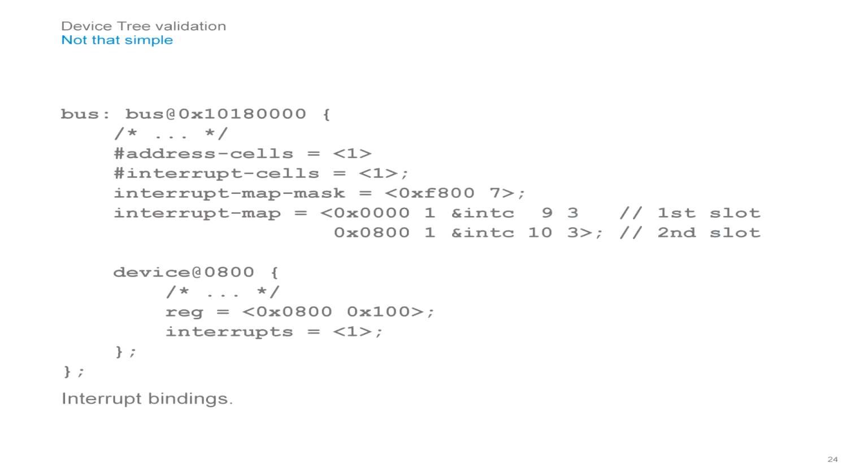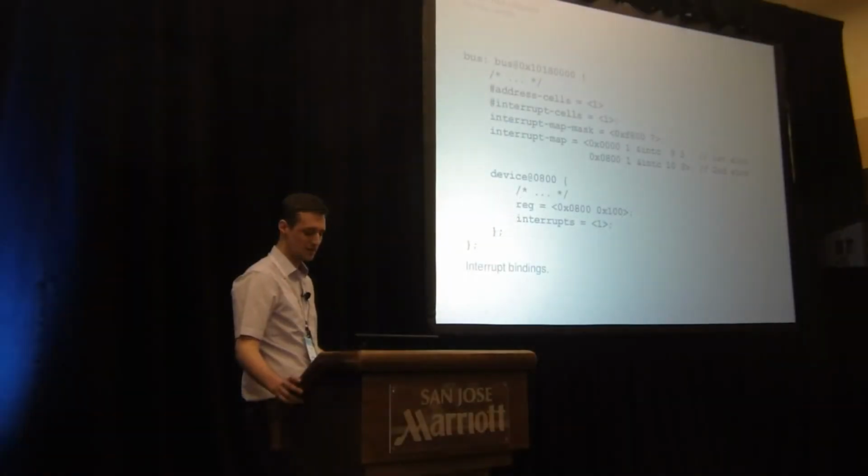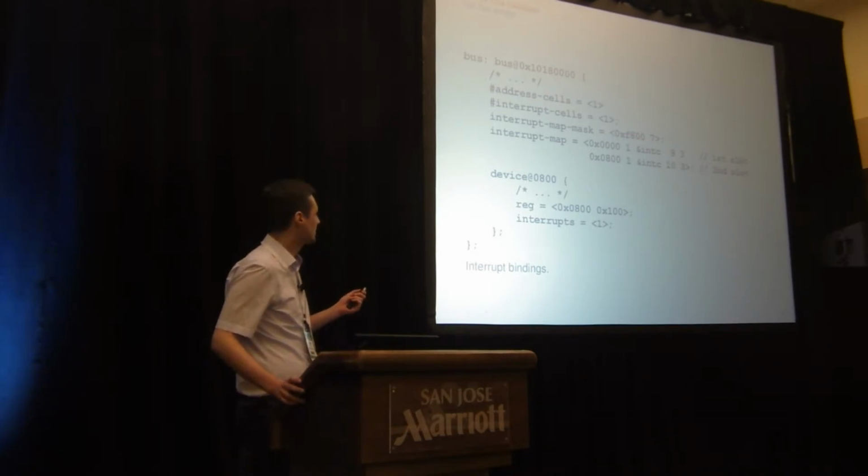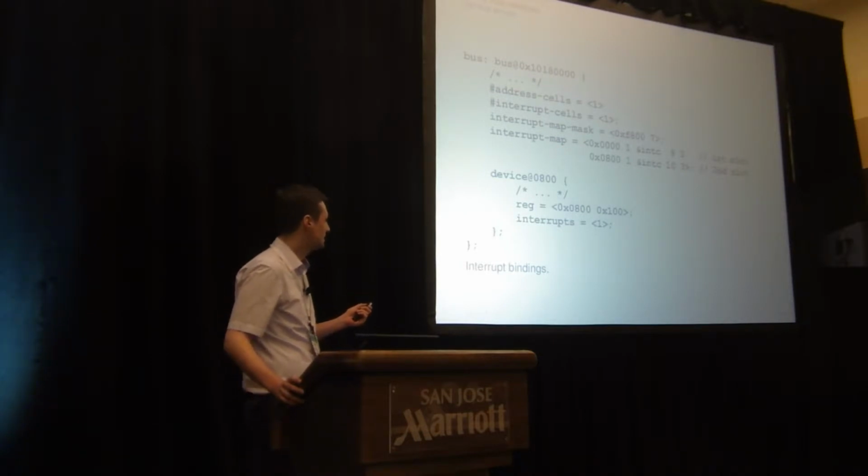So here we have an example, basically a real-world example of a bus that can support per-slot interrupt signals and 60-bit wide address space. So here we have the bus node and some interrupt-related properties. And here we have a sample device.